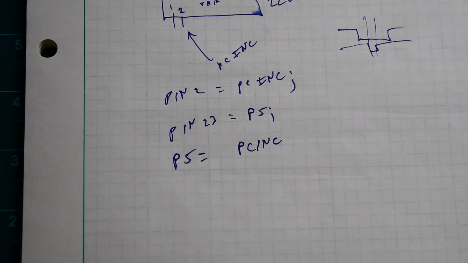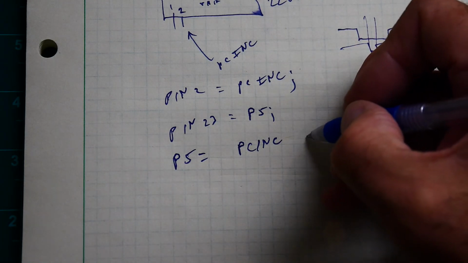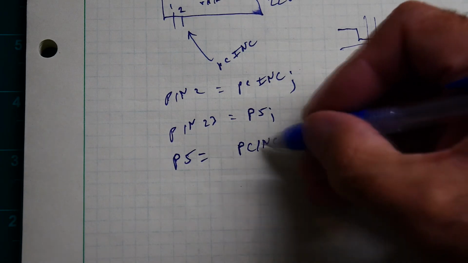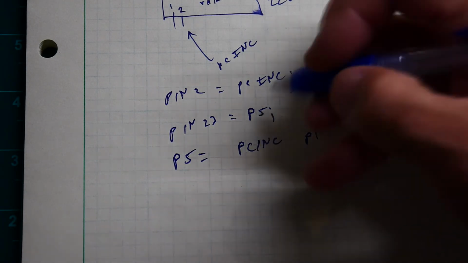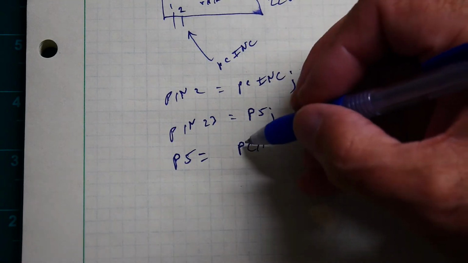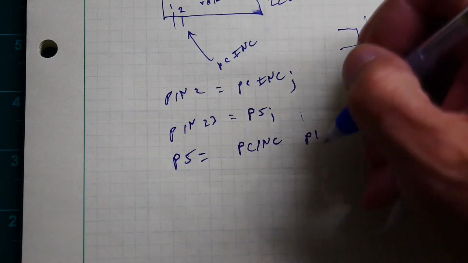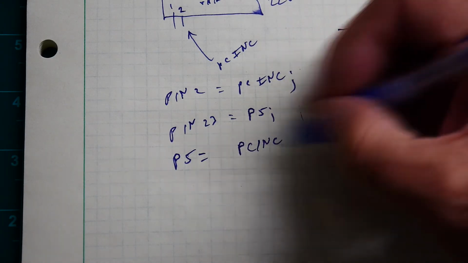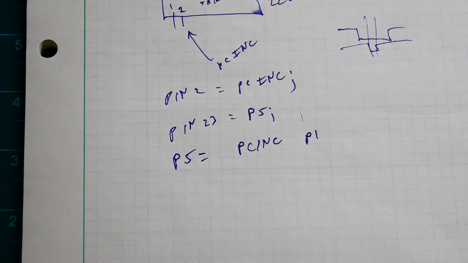So there's a phase one. That's phase one. Okay, so we're going to do some combinational logic to say that we want the PC increment to be valid and phase one to be valid, and then we're going to AND these together and create a phase 5, which is going to be our new PC up.